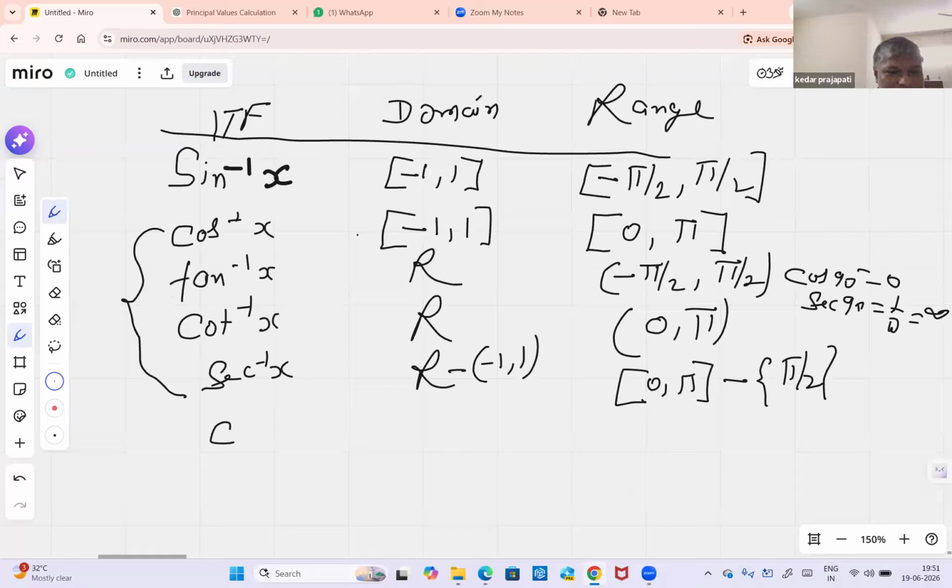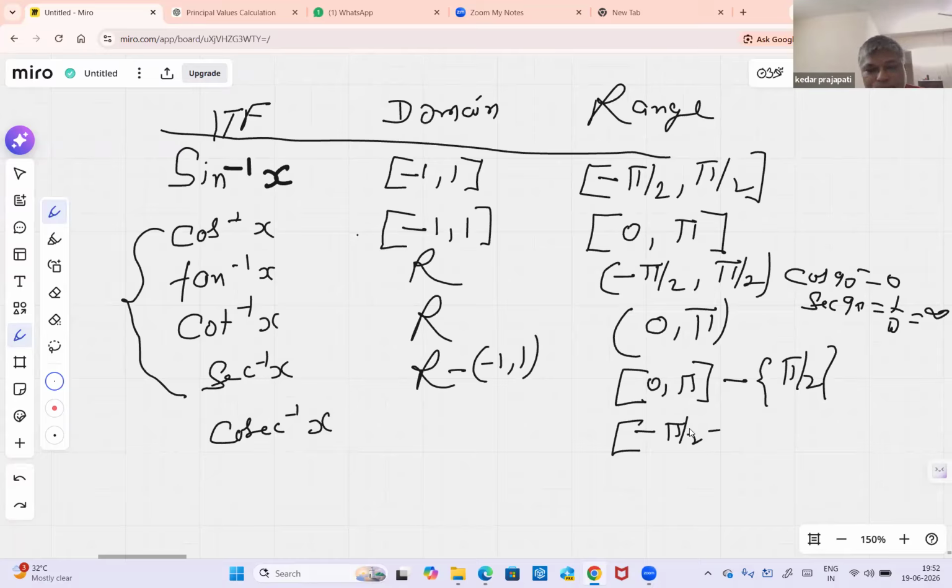And the last one is cosec inverse x. Cosec inverse x is related to sine. So what is the range of sine? Minus pi by 2 to pi by 2, right?